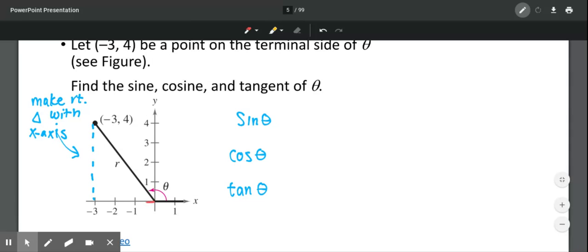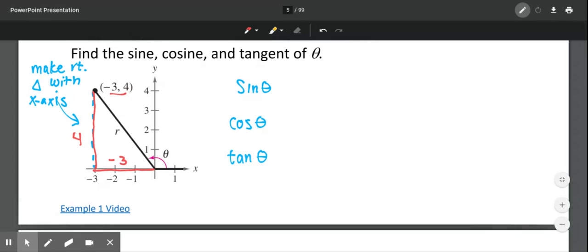So this side right here is -3. This side right here is 4, because that's how we got to that point (-3,4). And then if we use the Pythagorean theorem, 4 squared plus -3 squared equals r squared, we end up with r being 5.